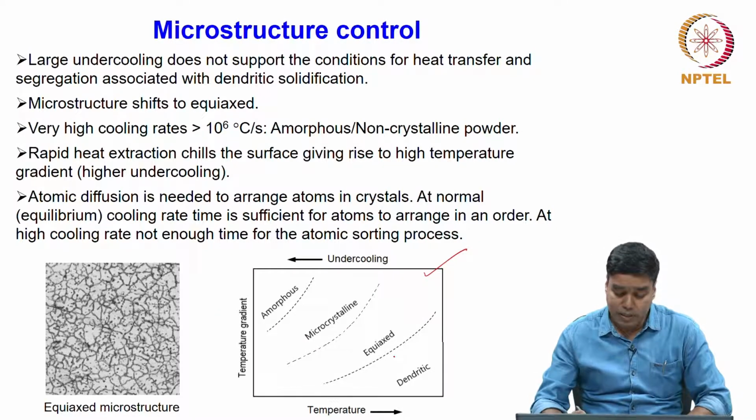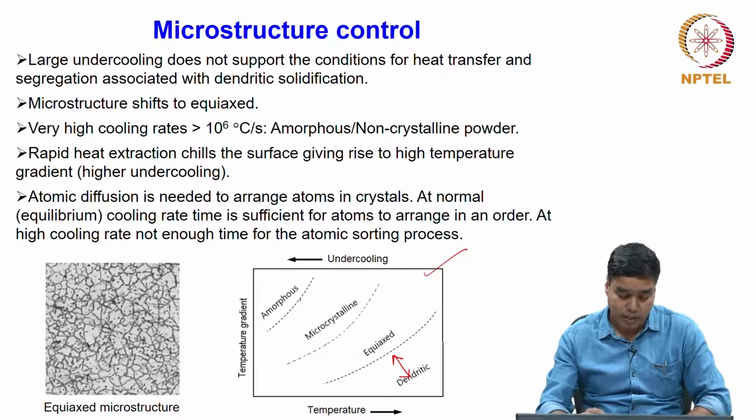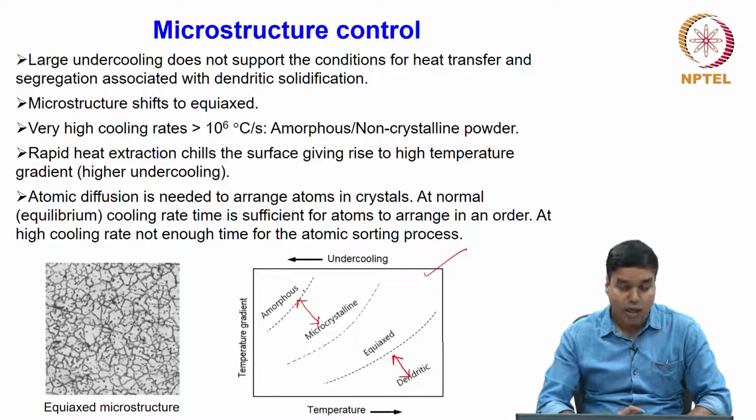You can see how this transition happens first of all between dendritic and equiaxed microstructure, and also between crystalline and amorphous structure. Okay.